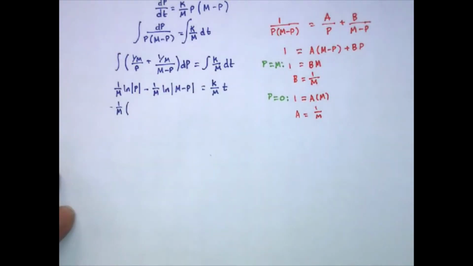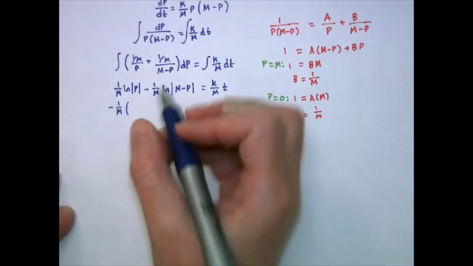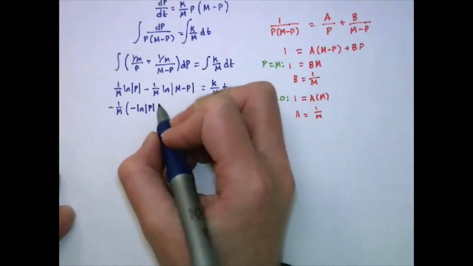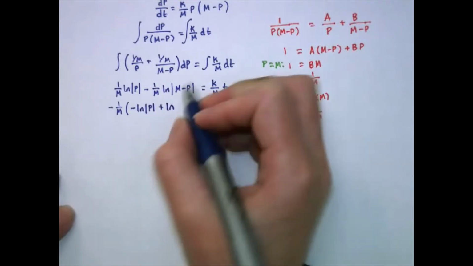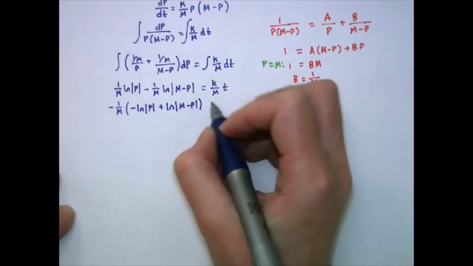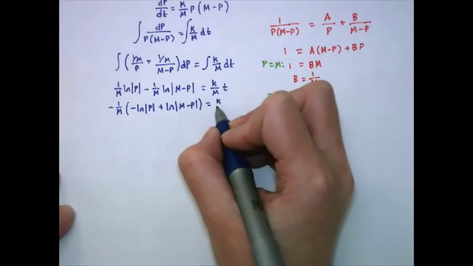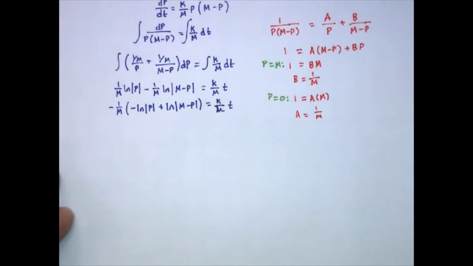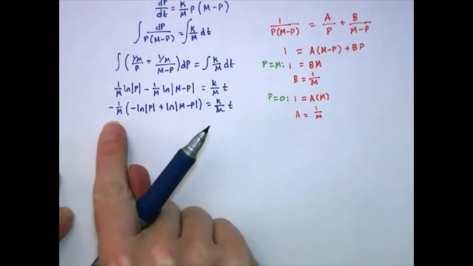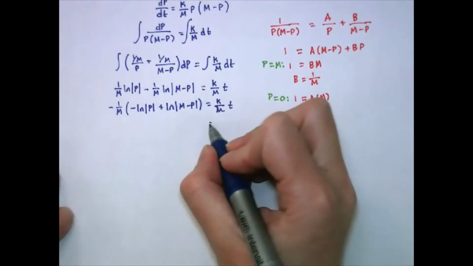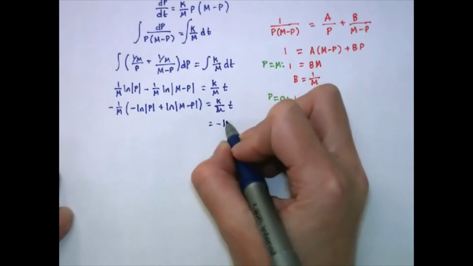And I'm going to make this a minus, and I'm going to show you why in a second. That's going to make this a negative natural log of p plus natural log of m minus p. I'm going to multiply by a negative m. So on this side, that's going to go away. On this side, this is going to be negative kt.